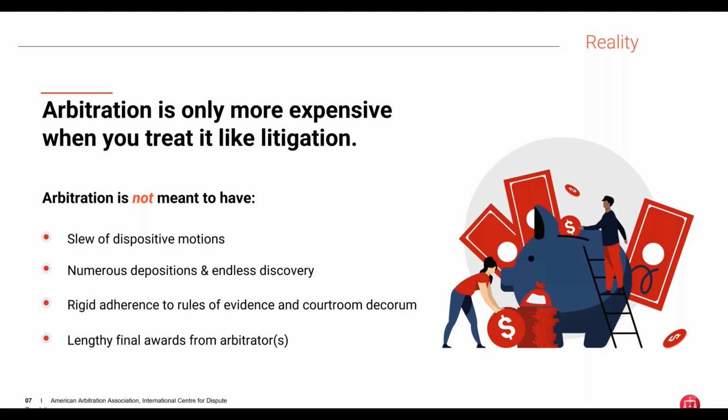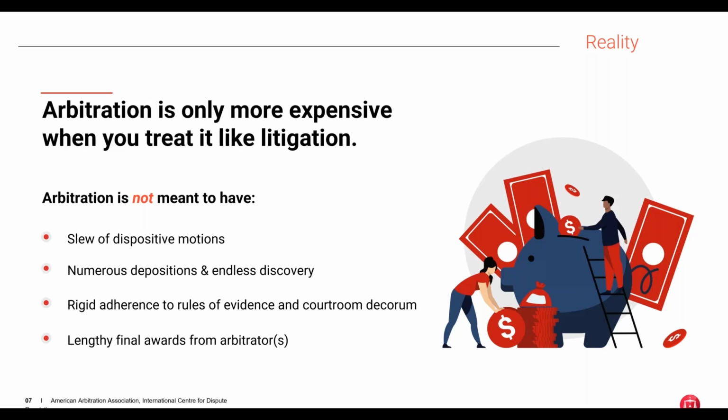I can tell you that's not the norm, and it's completely controllable by the parties. The arbitrators are trained to try to rein in the process, but again, it's ultimately the parties' process, and if they agree to arbitrate it with the litigation rules, it's difficult to control it.